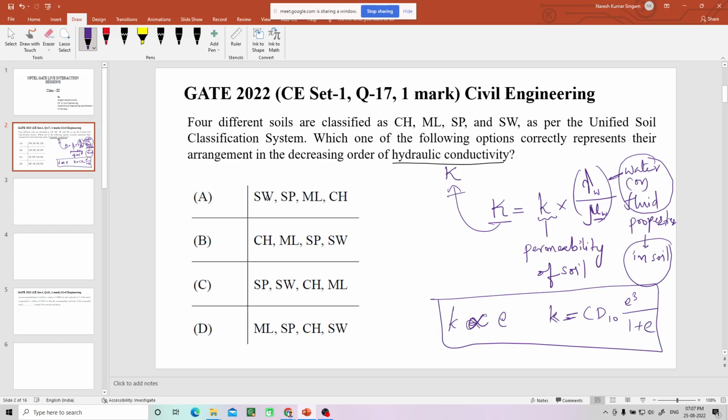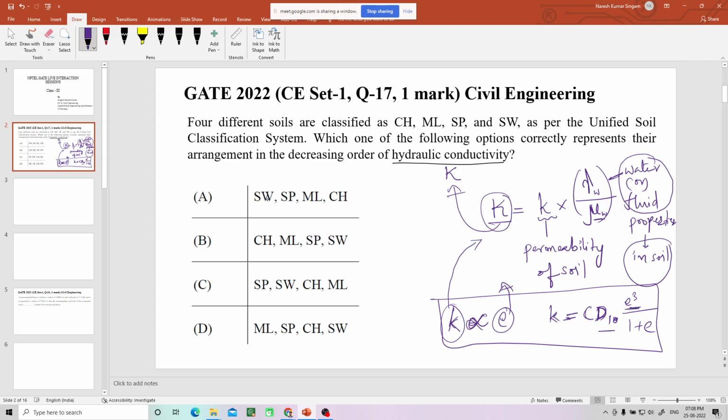So it is proportional to the void ratio and to the effective size of the soil, D10. Whenever void ratio is more, permeability is more. It is also proportional to the diameter of the particle. So k is proportional to e and D10.